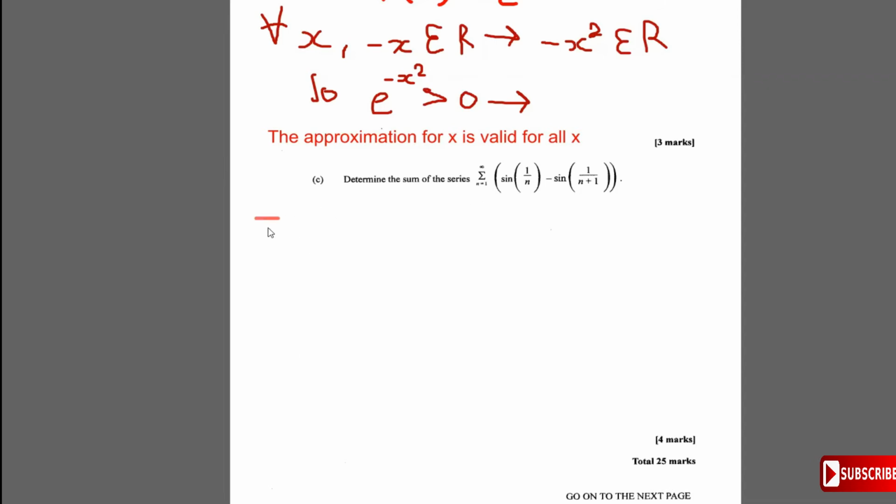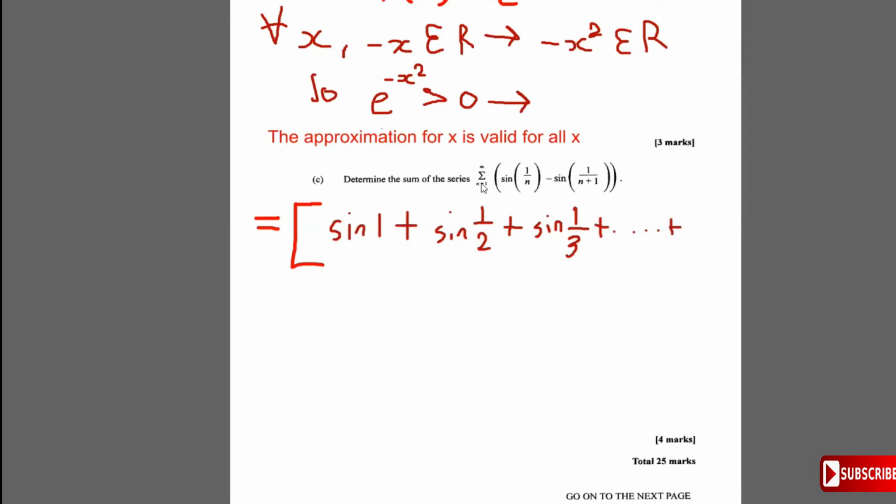So first we're going to plug in n equal to 1. We get the sine of 1, plus, plugging in n as 2, the sine of 1 over 2, plus, plugging in n as 3, the sine of 1 over 3, plus, plugging in all the way down.